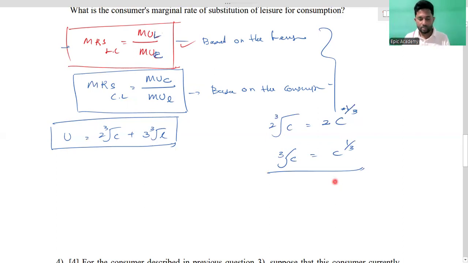Just take your calculator. First of all, press the shift button, and the cubic root is there.